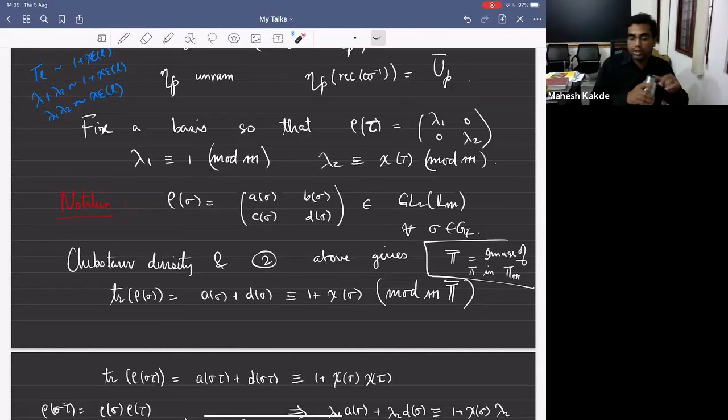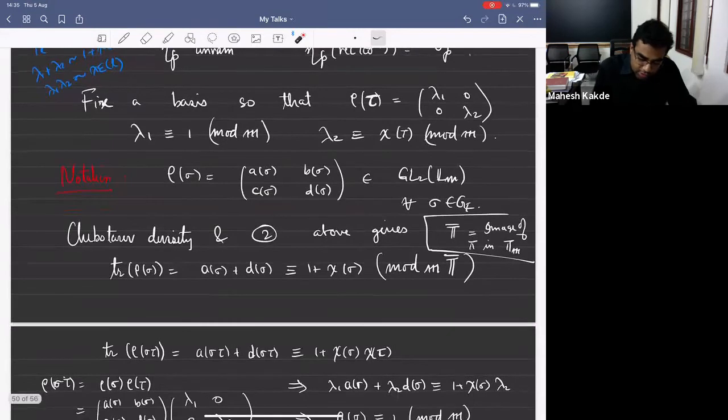We don't know anything about B and C, and most probably they don't live in TM. But what we do know, just from this Chebotarev density argument, is that A plus D lives in TM, and in fact it's congruent to 1 plus chi mod this.